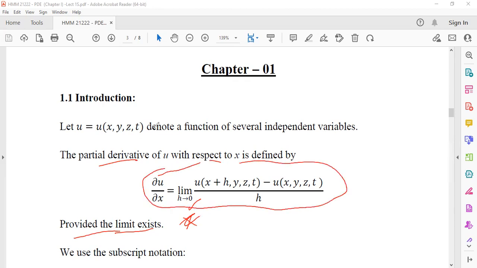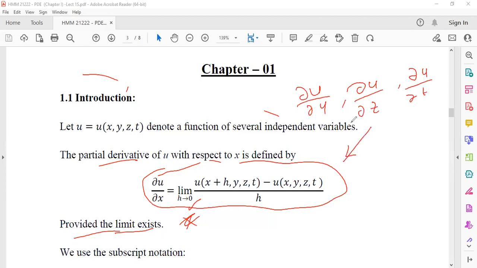Likewise, can you write in your note the definition for daba u over daba y? What is daba u over daba z? What is daba u over daba t? Can you write a definition like this for all these three?